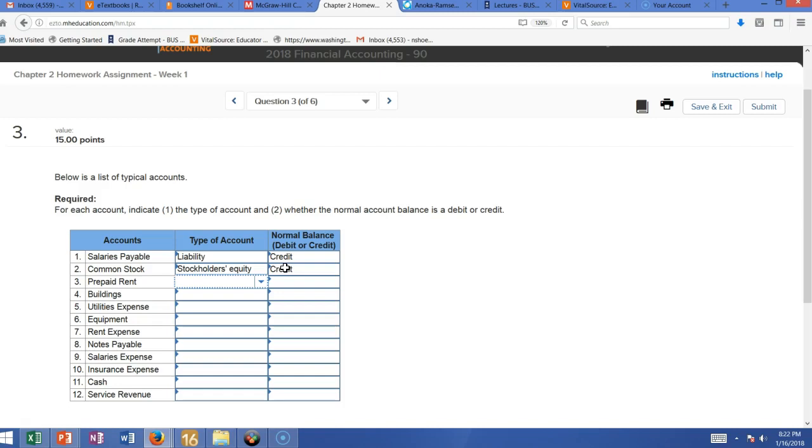Page 71 is a pretty good one, too. Under the chart of accounts, illustration 2.9 gives you some ideas of various types of accounts.